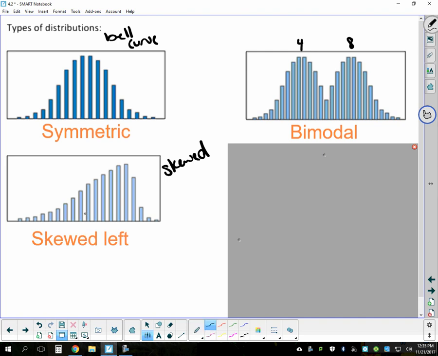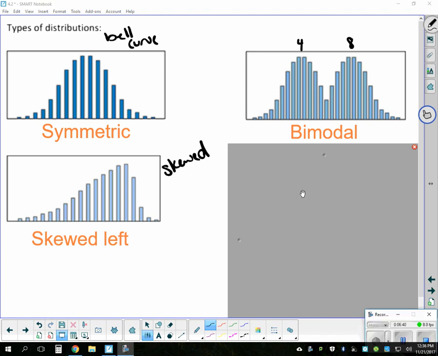And oftentimes students want to say it's skewed right because the hump is on the right, but the skewing is happening to the left because most of your data is here, but then it gets skewed on the left side. Sometimes I just interpret that as where is it messed up at? Well, it's messed up on the left. You've got all these small data points to the left, and the bulk of your information is to the right. So the skewing is on the left.